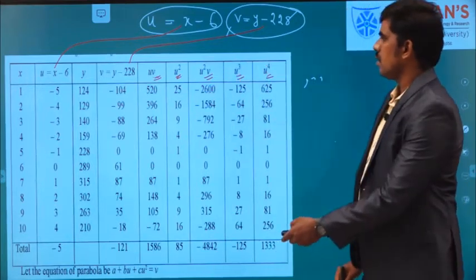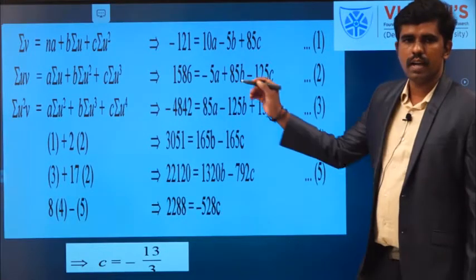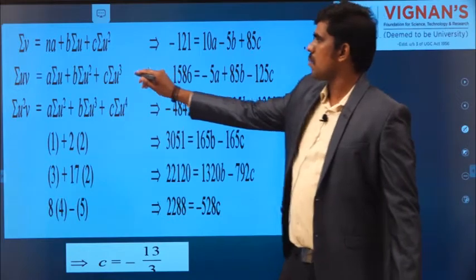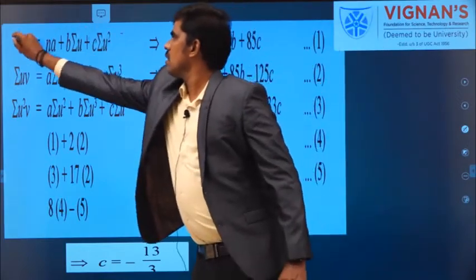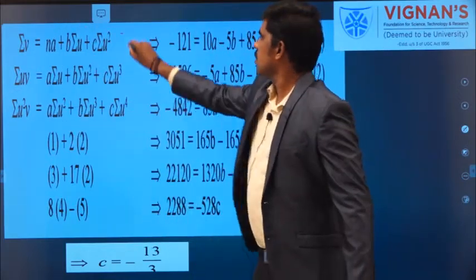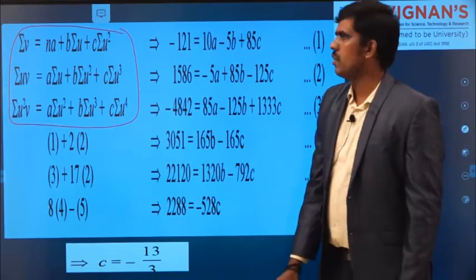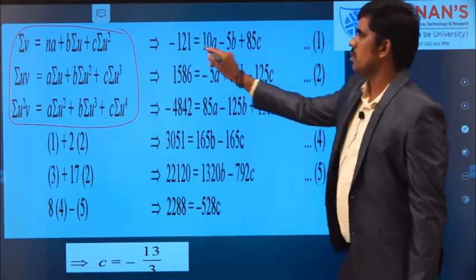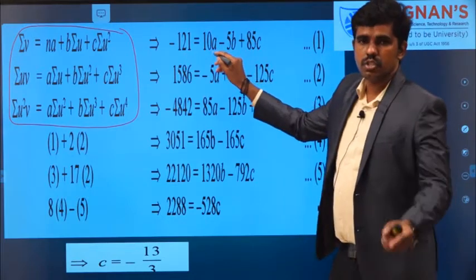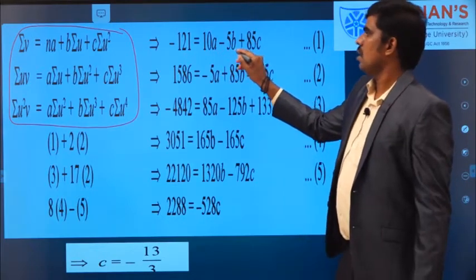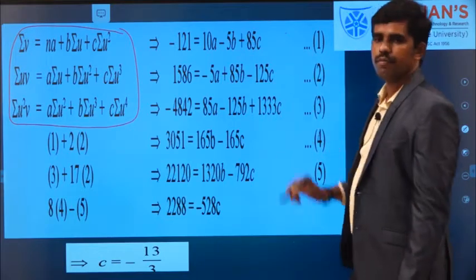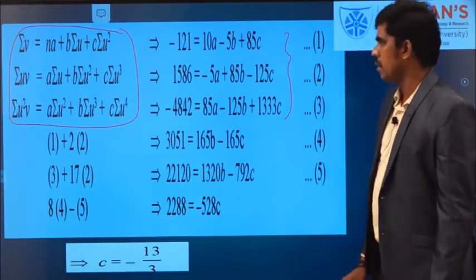Then you substitute all these values in the normal equations. Already I have explained how to write these normal equations. You substitute all the values: summation v, n is 10 since we have 10 values, summation u is minus 5. So you substitute all the values that you have found from the table.